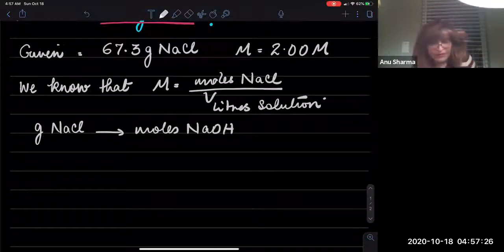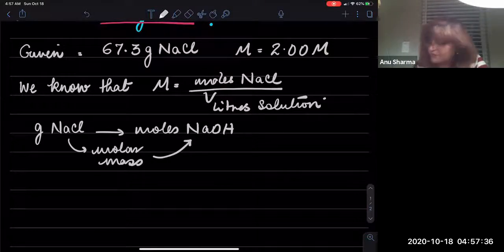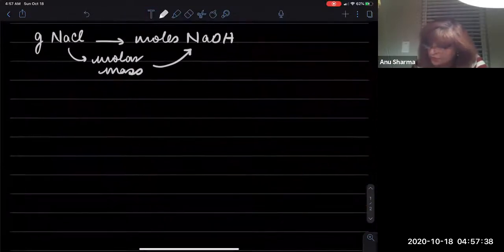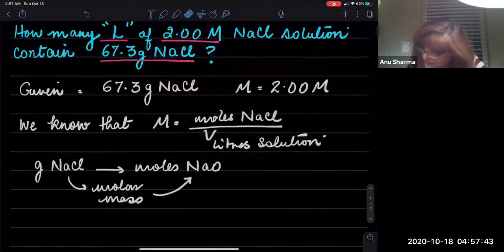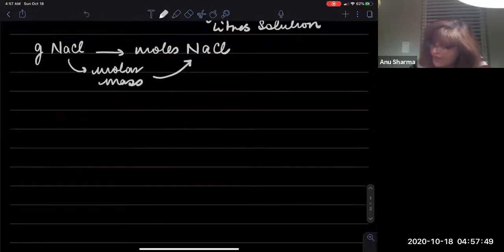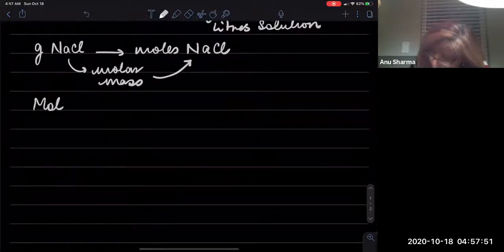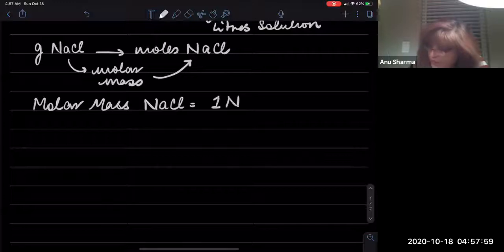And what is that molar mass of NaCl? We will calculate it. This molar mass will be used as a conversion factor to give you the moles of NaCl. NaCl has 1 atom of sodium and 1 of chlorine.